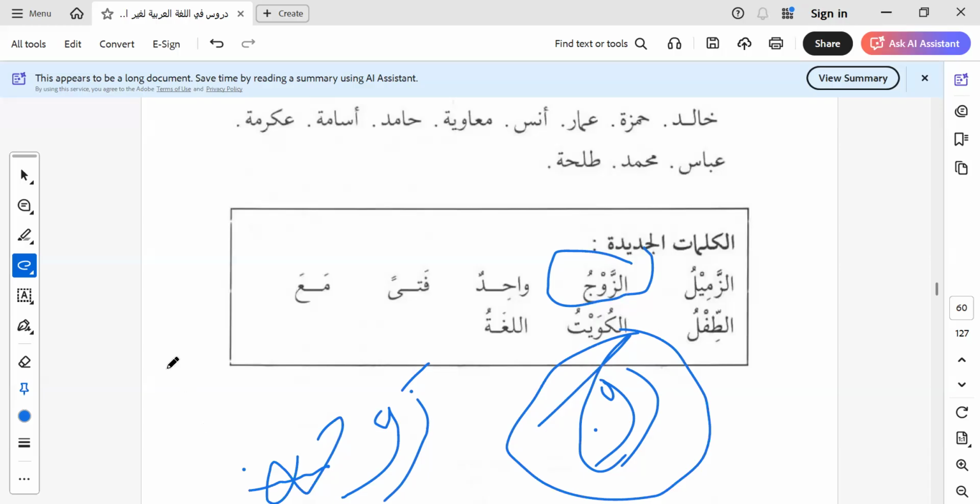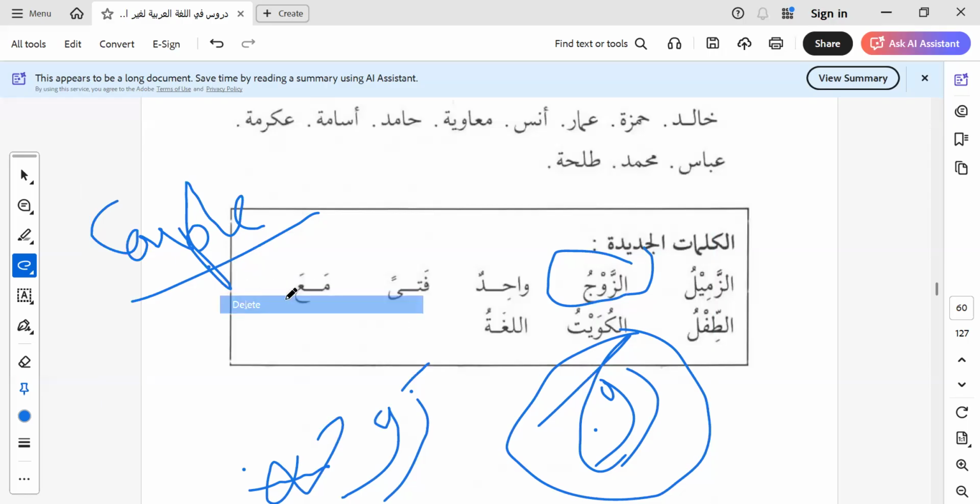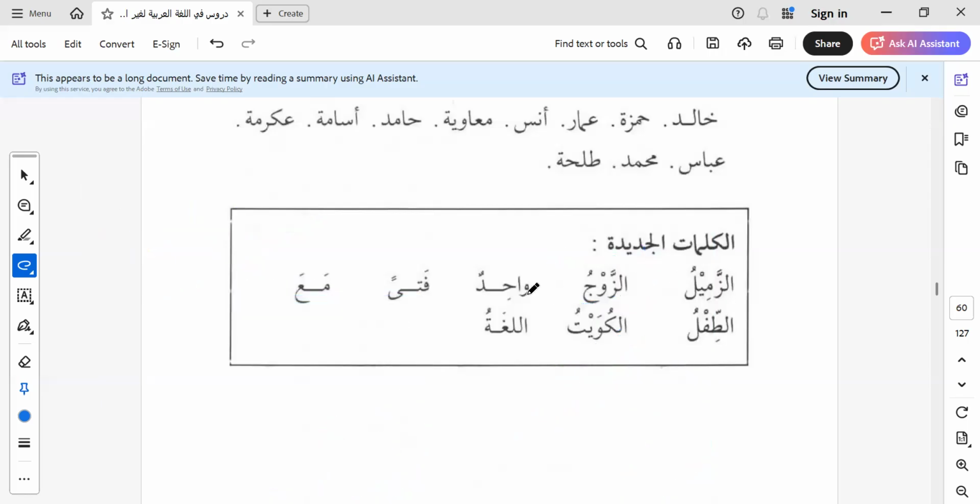Is that taken? Just like the word couple: a couple could be either a wife or a husband. Anyways, that's just the tip of the iceberg, a side attraction, just to know that the word zawj can mean a wife as well.